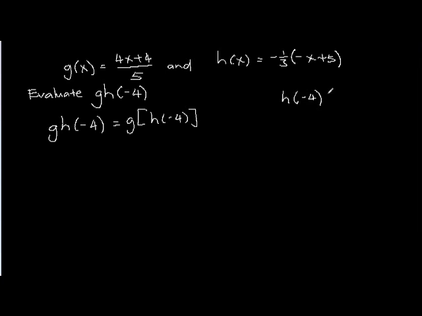So h(negative 4) is equal to negative 1 over 3 times (negative x plus 5), so the input is negative 4, which is negative 1 over 3 times (4 plus 5), so it is equal to 9.